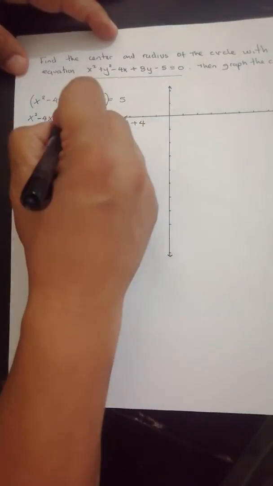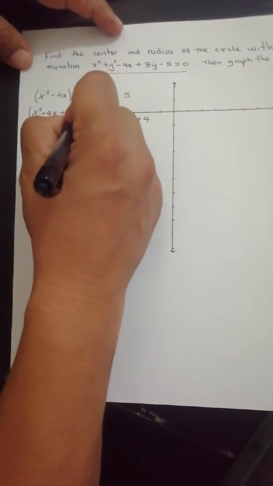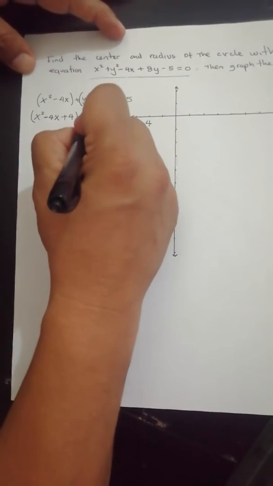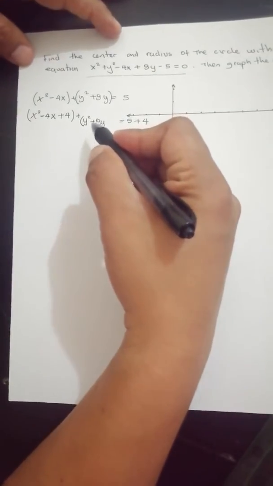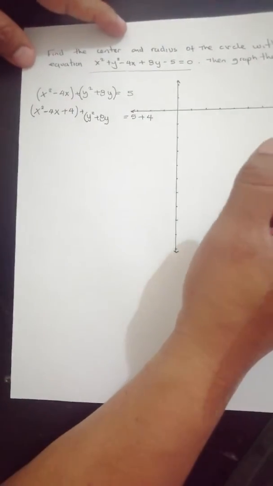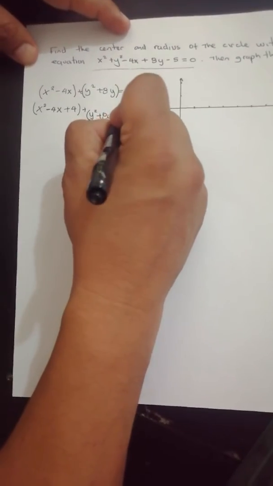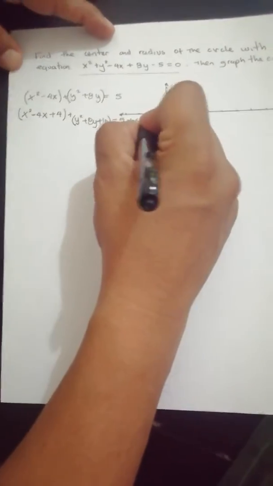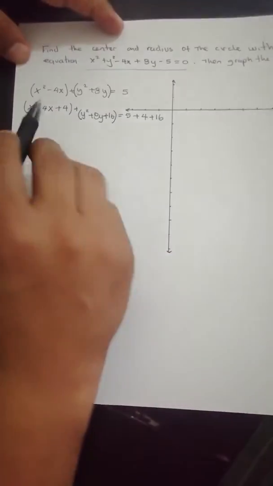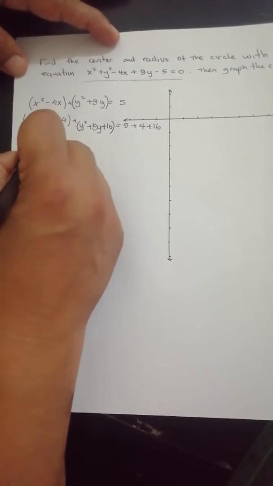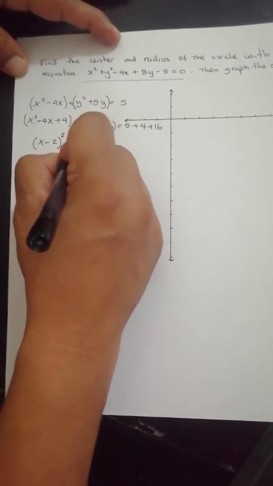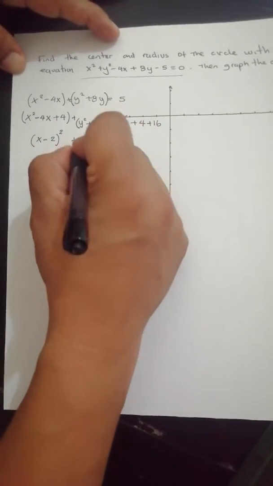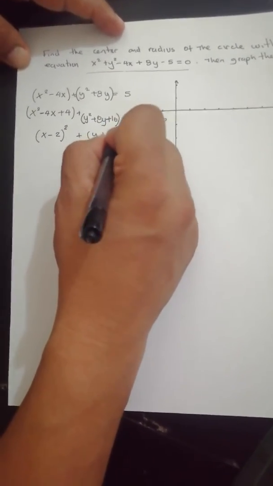And I do the same with y. Keep in mind that these are two different expressions. So in y it will be y squared plus 8y. The half of 8 is 4, and 4 squared is 16. So I add 16 here, and I do the same on the other side. Now, when factoring this, I know that this will be x minus 2 squared plus, and the factors of that will be y plus 4 squared.